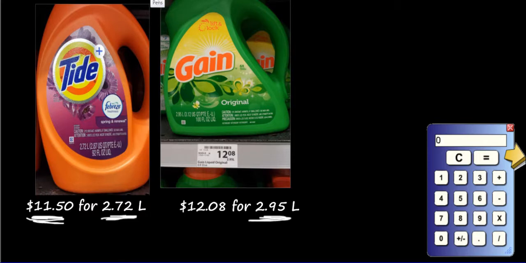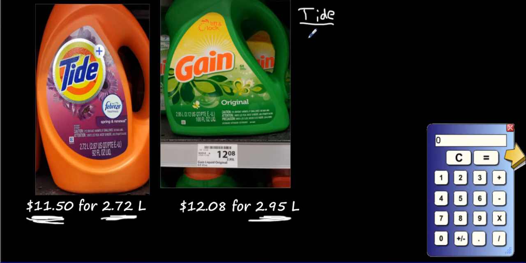Remember unit rates a few lessons back? We can use that to make them the same amount of liters. Make them all unit rates. So let's organize our work. Let's put Tide first, and let's write the ratio down.